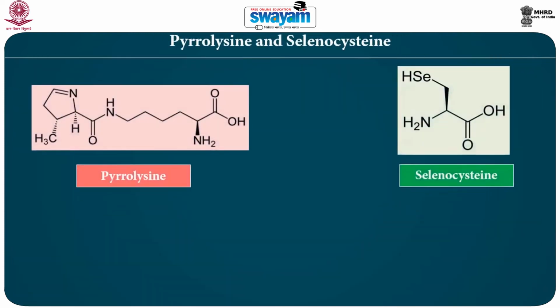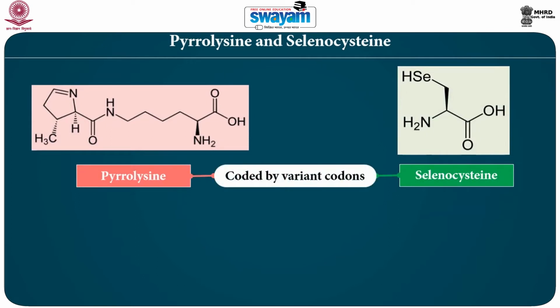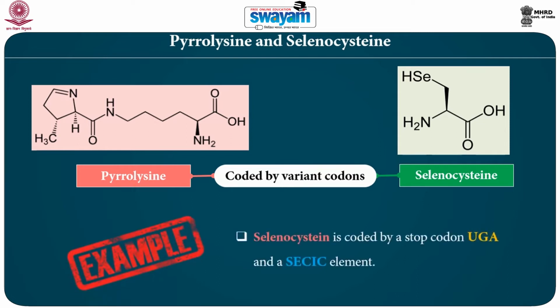Pyrrolysine and selenocysteine. How are these amino acids formed and what codes them? Pyrrolysine and selenocysteine are coded by variant codons. For example, selenocysteine is coded by stop codon UGA seen just now, and there is a special SECIS element.